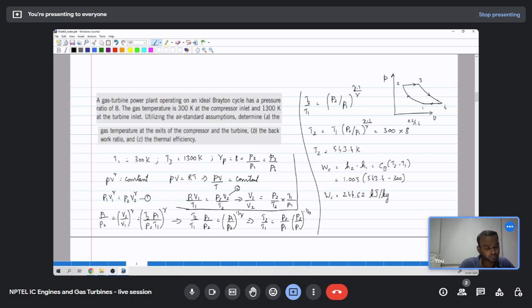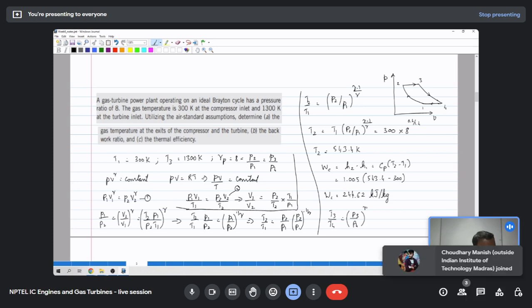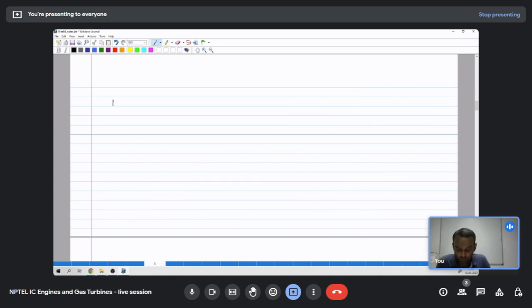So this is the compression work, and similarly during expansion the turbine inlet is given. With that we will be able to calculate the turbine outlet temperature. So that is T3 by T4 would be P3 by P4 power gamma minus 1 by gamma. T3 is known, so we need to calculate T4.